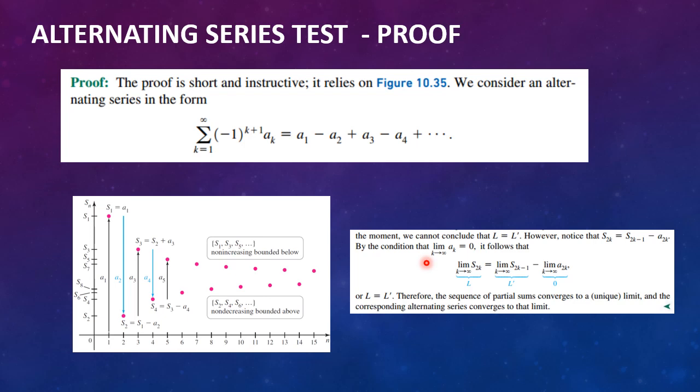Theorem 10.16, the alternating series test. Okay? Therefore, the sequence of partial sums converges to a unique limit, and the corresponding alternating series converges to that limit.